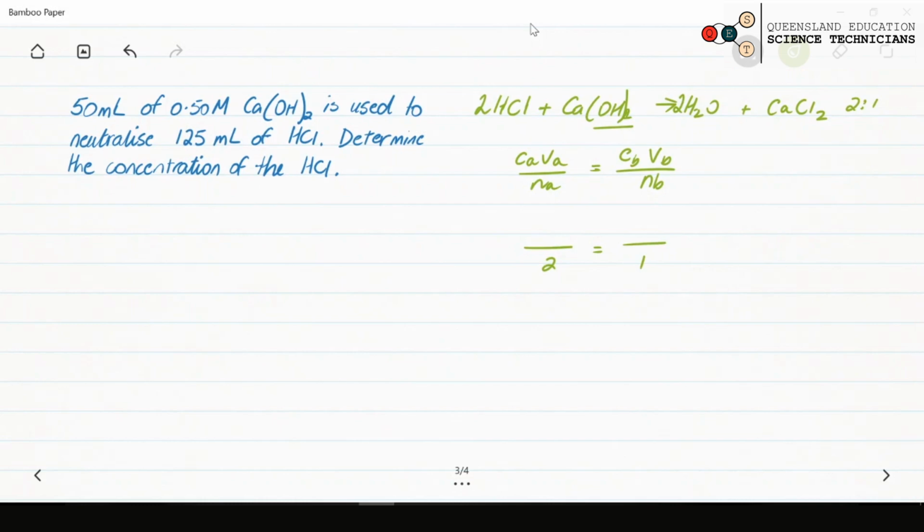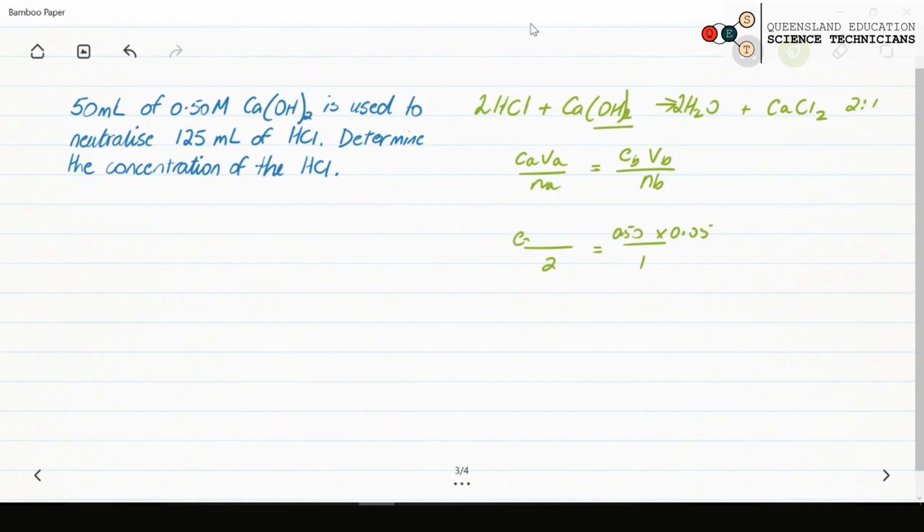So we were told that we had 50 mils, so 0.05 litres when I divide by 1,000. So let's make everything in litres in this particular case. So that was our volume of our base, and we had 0.5 molar, so our concentration.